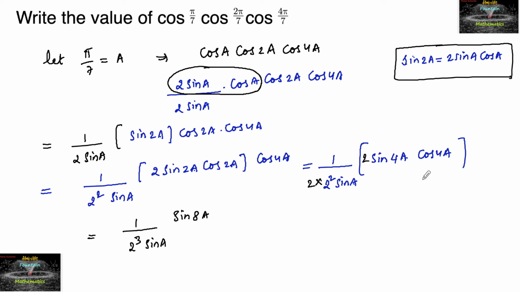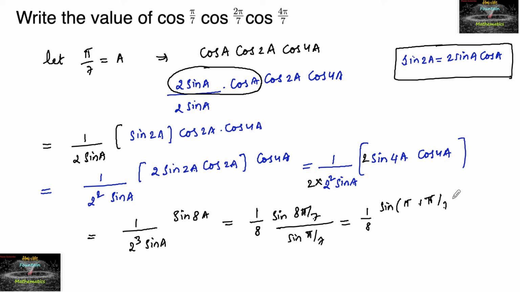So which equals 1 upon 8 times sin 8a upon sin a. Writing a equal to pi by 7, sin 8 pi by 7 upon sin pi by 7. So this is 1 upon 8 times sin of pi plus pi by 7, since 8 pi by 7 is pi plus pi by 7, upon sin pi by 7.